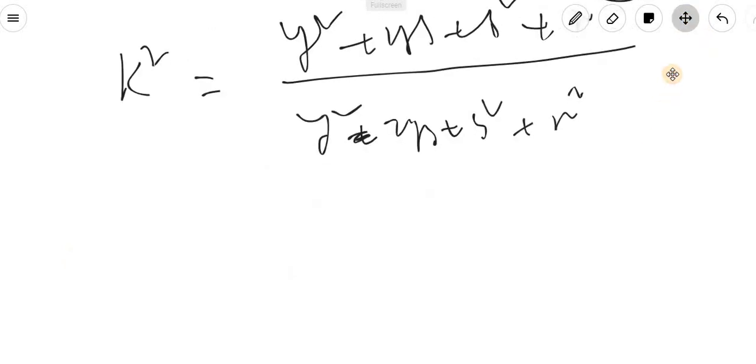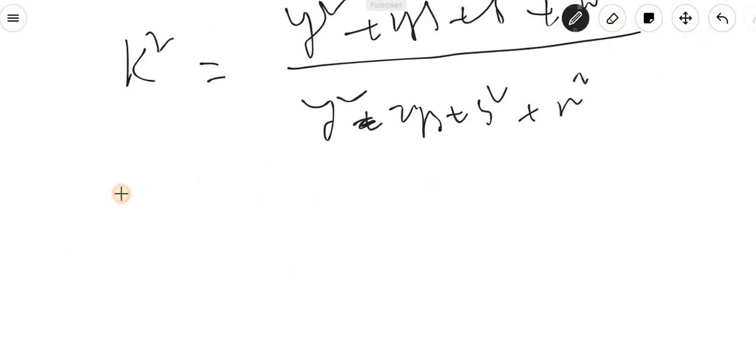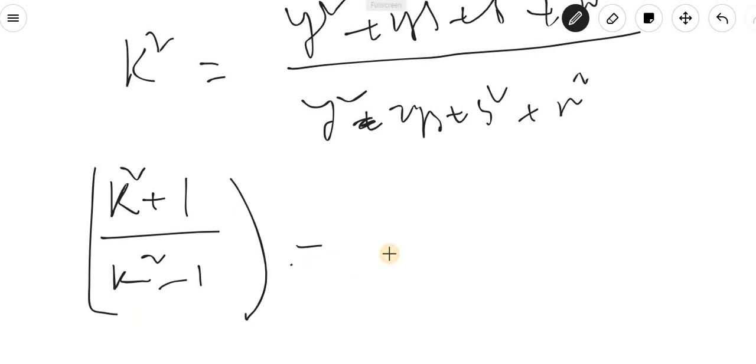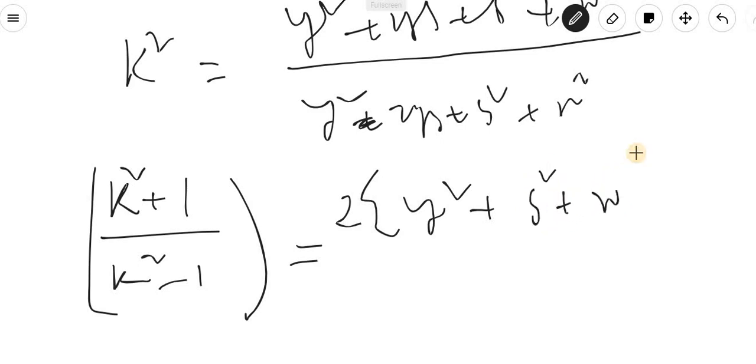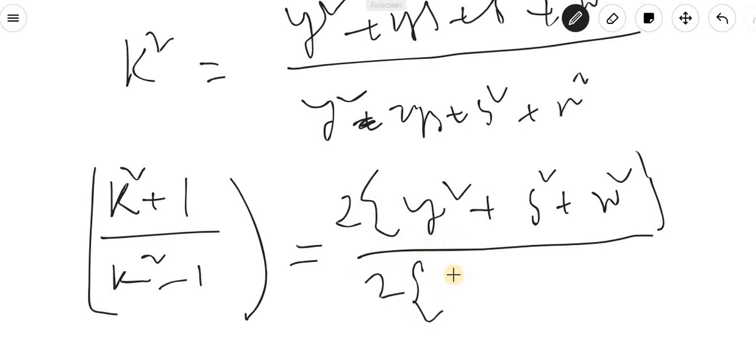Now if we do the operation k square plus 1 over k square minus 1, what will we get? This gives 2 into y square, s square plus x square in the numerator, and in the denominator we get 2ys. So these two will get cancelled.